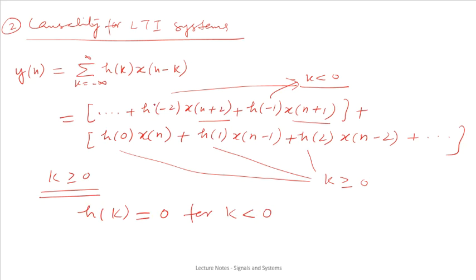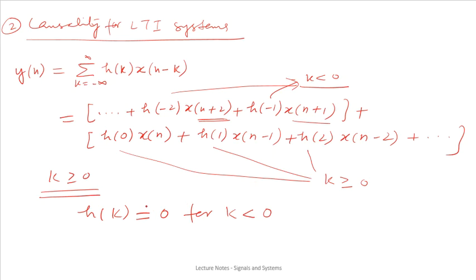These terms should not be present here because these are future values of the input. The system must not depend on the future values, it should only depend on the past and the present values of the input, and that will mean that h[k] equals 0 for k less than 0.